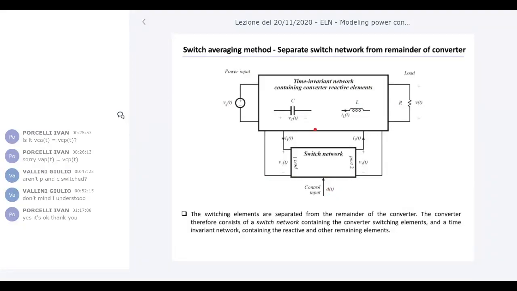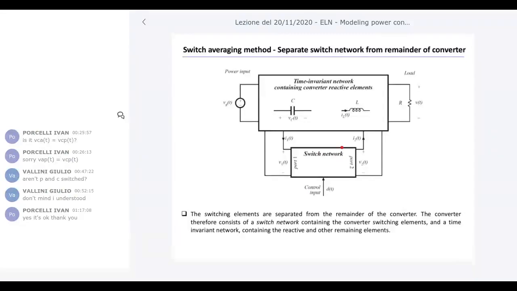So is it possible to extract from the whole network just the switch network composed of the switches, and consider it as a network that I can analyze on its own? I want to analyze just this network, and then when I analyze it, I put it in a time variant and then linear form.